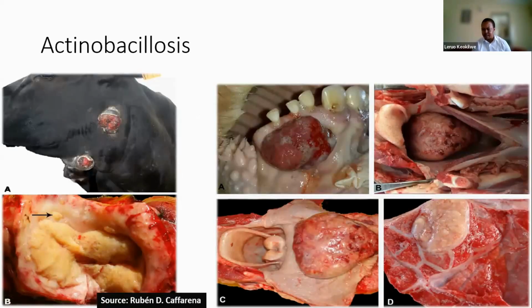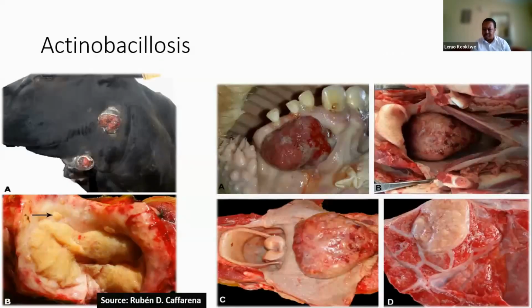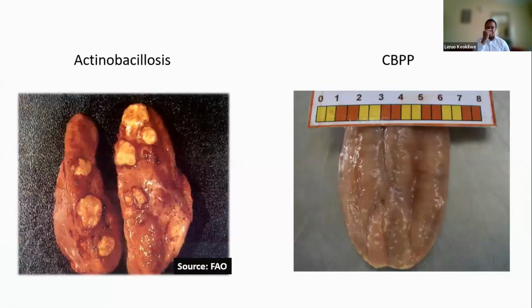We have a hemorrhagic looking lung, also with interlobular septa that are quite enlarged, but you can see this looks like a sequestra. So this is something also to be aware of. And also the involvement of the lymph nodes.